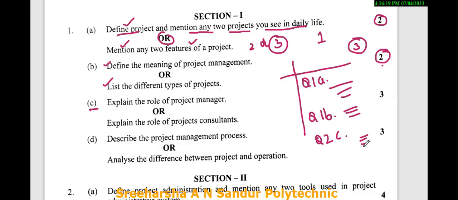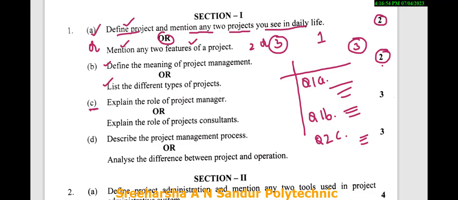I suggest not to write extra answers at the beginning. Go on writing first the main answers which you are very confident about.